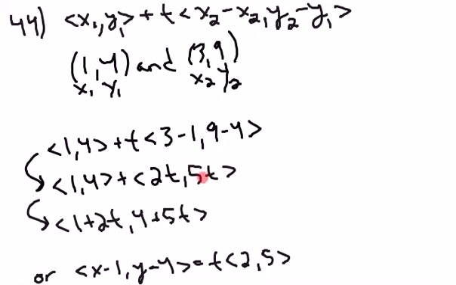They took the equation I have up here, left it in terms of x and y, and subtracted 1 and 4 from both of those. But I preferably like to leave it like this. So there's number 44.